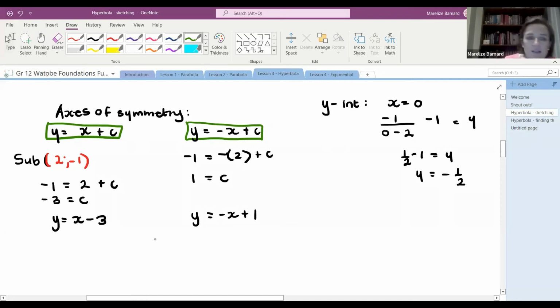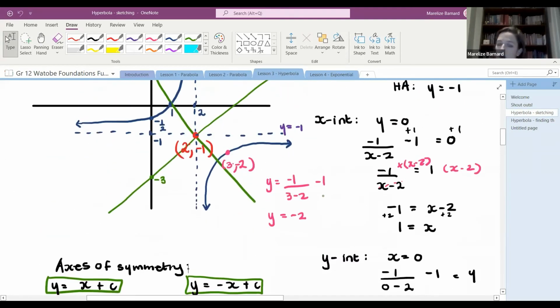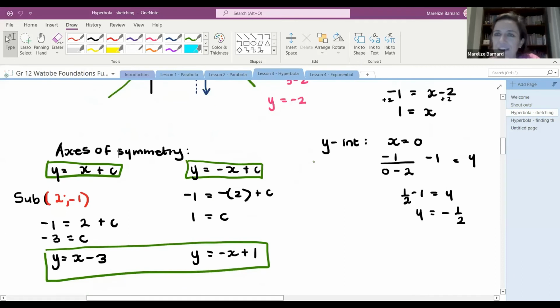And then that's how you get the equations of your axes of symmetry for the hyperbola. Okay, so each graph is different, tells its own story. So that's how you do it. Okay. Can I see in the chat, how are we doing with axes of symmetry? Everyone happy?